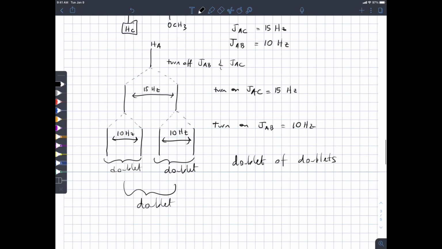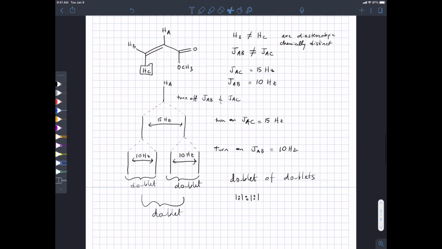Okay? And they will be present in a 1-to-1-to-1-to-1 ratio. And that is because the coupling constant between A and C is different from the coupling constant between A and B.